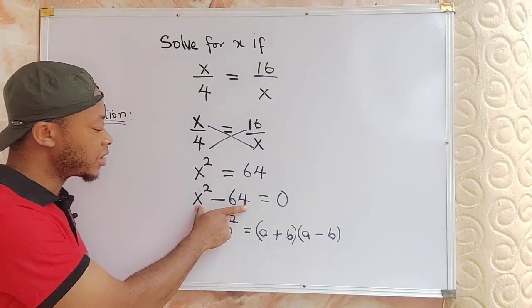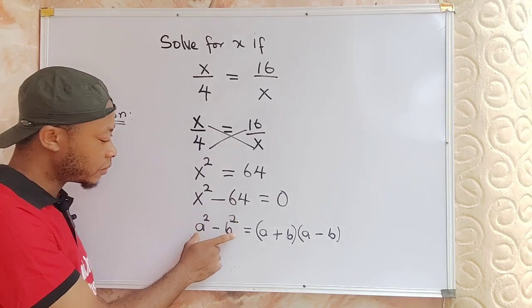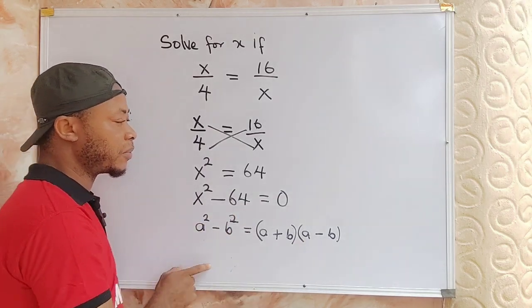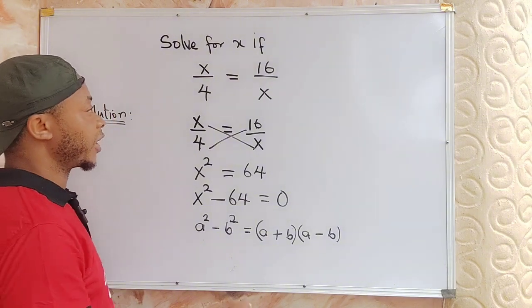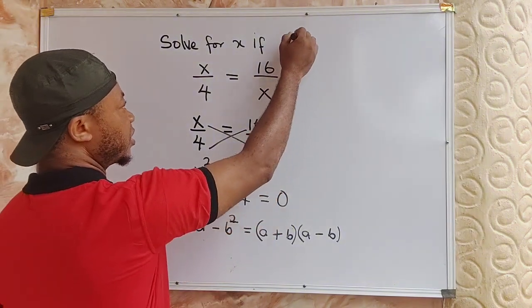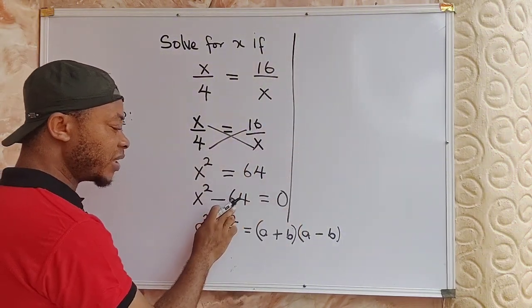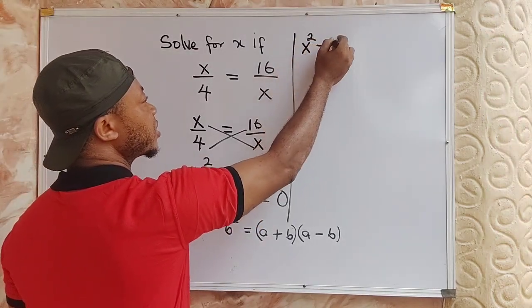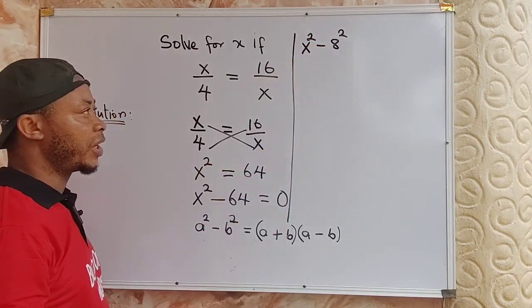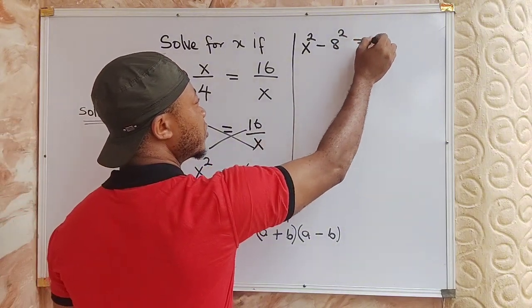So we are going to factorize this difference of two squares, okay, by applying this principle. But before we apply this principle, let us understand that 64 is the same as 8 raised to power 2. So we have x squared minus 8 squared, okay? Everything will be equal to 0.